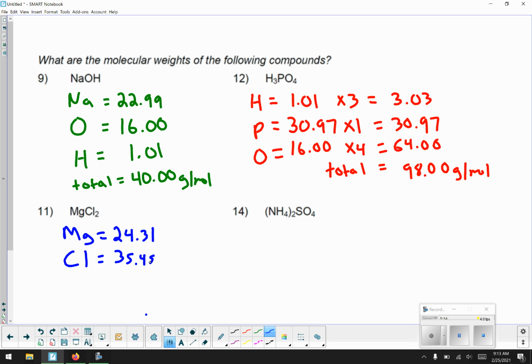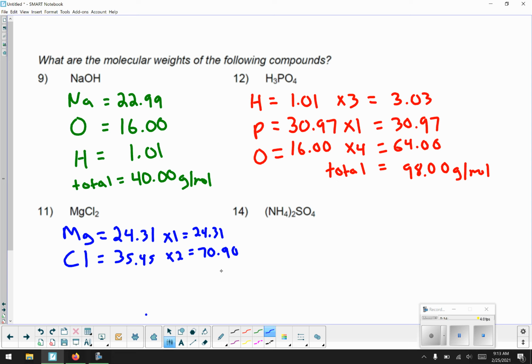But of course there are 2 chlorines. So technically this one is times 1, and this one is times 2, and that equals 24.31, and this equals 70.90. So, again, because we don't just have one of each of these, we actually have to do the multiplication. You don't have to show the times 1.